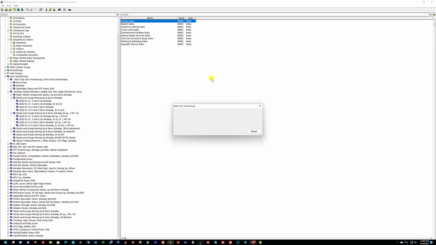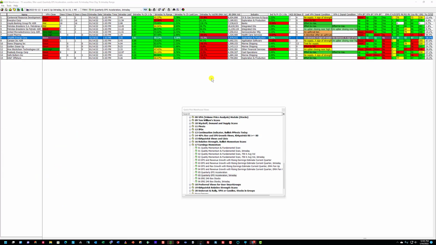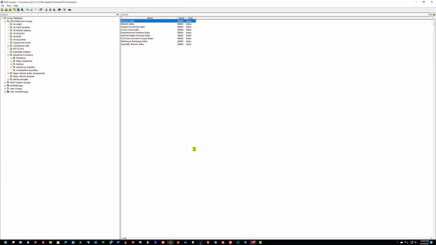Now, these don't change all that, well, they can change very quickly. Yesterday I saw them change very quickly. Early in the day, the semiconductors were up sharply, and then within an hour or two, they were completely off the list of stocks and groups that were moving up.